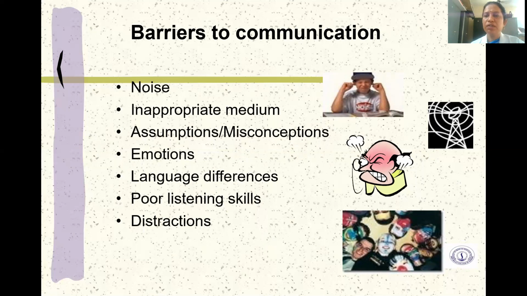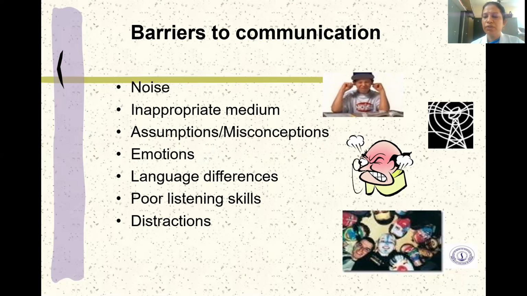If the students are not ready to listen, they are already exhausted, they don't want the class, and in spite of that the teacher goes on taking the class, then there is no point in effective communication. So poor listening skills also spoil the aim of communication. And distractions. There should be no distractions whatsoever in a place of this kind. So all these put together are the barriers to communication.